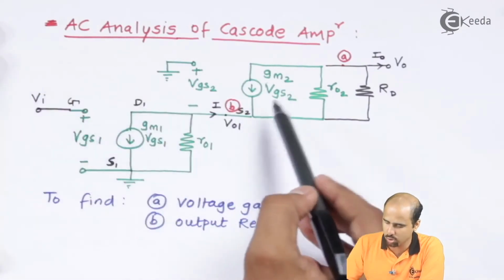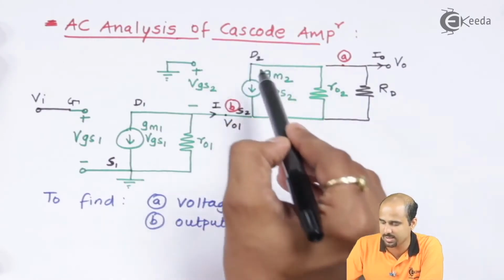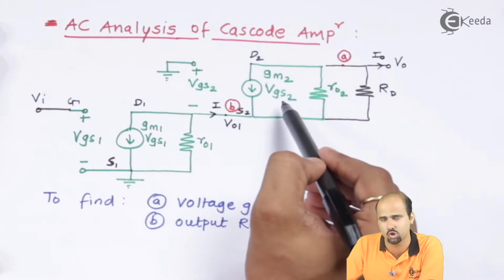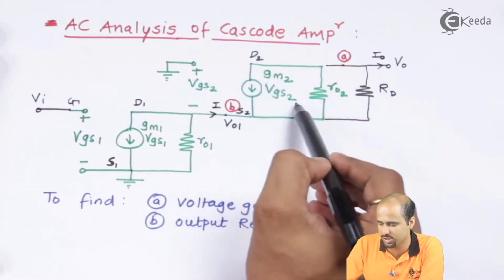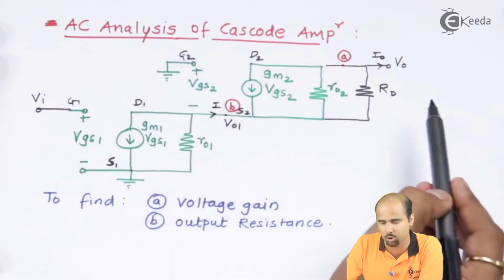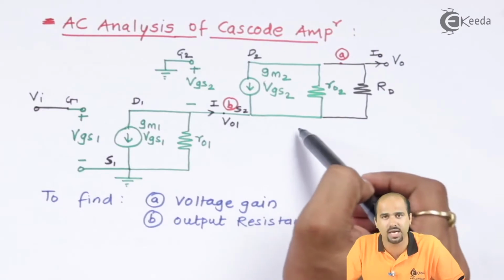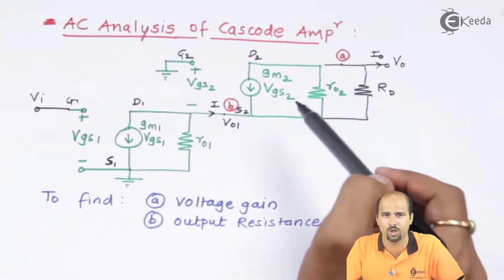The drain side of this MOSFET is connected with the dependent current source gm2 VGS2. This is gate number 2, which is connected directly to ground, and the drain is connected with ro2, the dynamic output resistance of MOSFET M2.